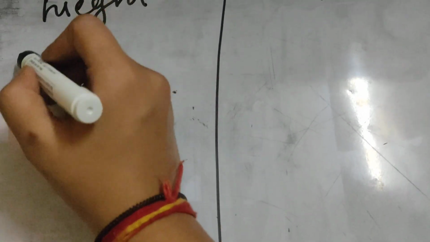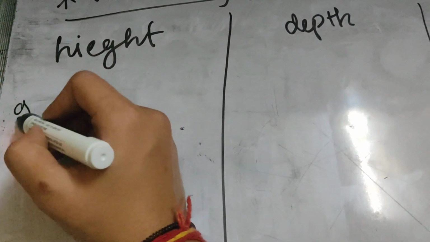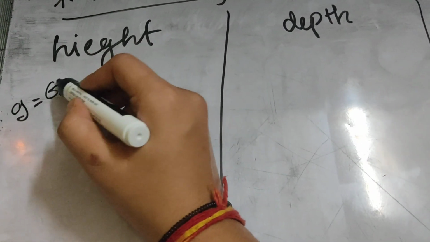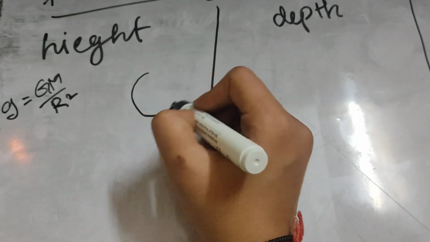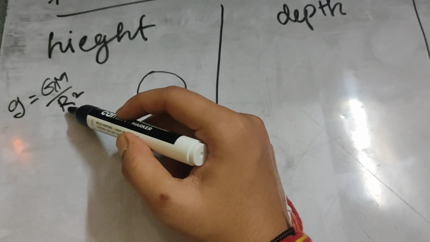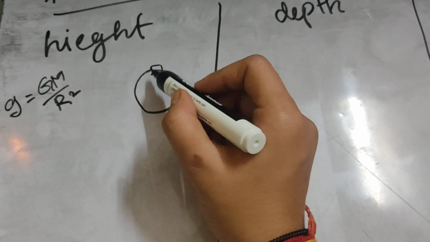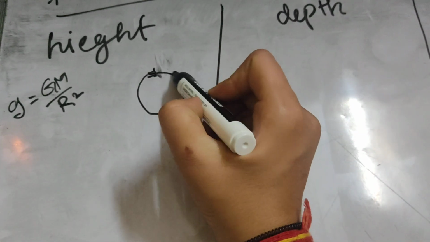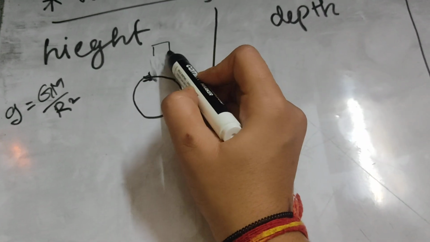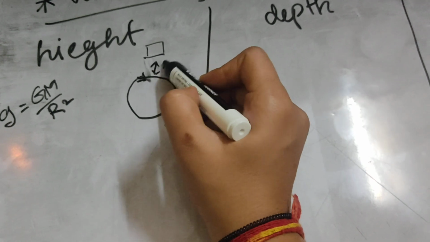You just need to follow one form, which is a modification of this formula itself, GM upon R squared. What you need to consider is, instead of placing the small mass on the surface of the earth, we are now placing it at some height h from the surface of the earth.